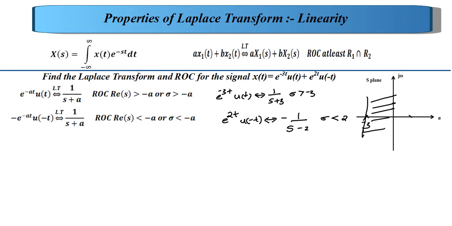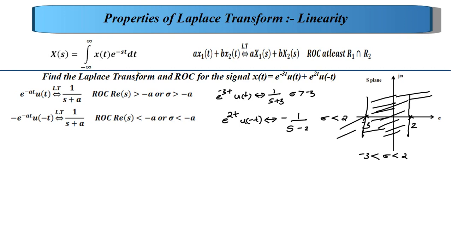And another signal exists for sigma less than 2. Okay, so actually there is a common area: for the first signal the ROC goes up to infinity, for the second signal it goes up to minus infinity, but the common area is from minus 3 to 2.